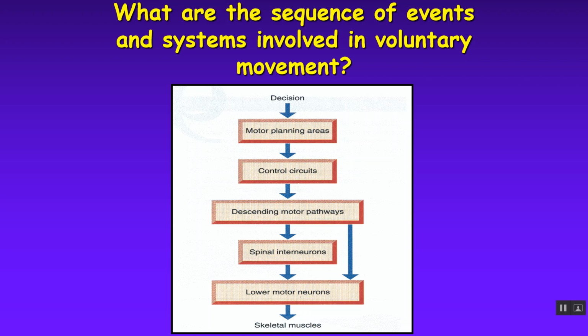Once that decision in the frontal cortex is made, it typically goes to a motor planning area, the premotor and supplementary motor area, to see, hey, do I have a previously stored program that I can rely on that's done that movement before? Or is it a new discrete movement and I have to use just my primary motor strip to do that? That signal then starts to go into the control circuits.